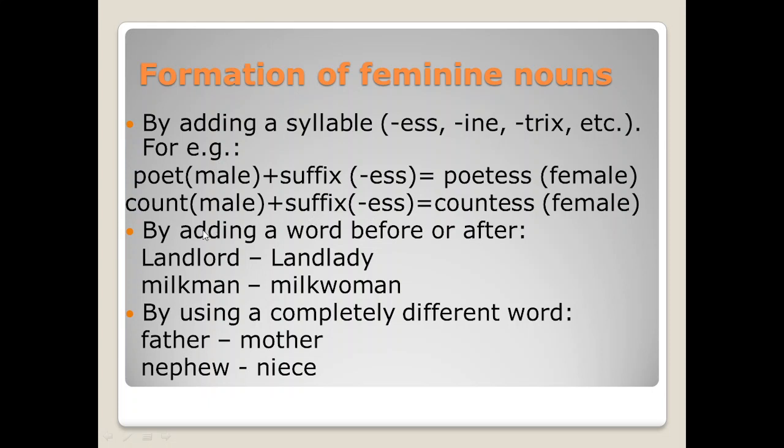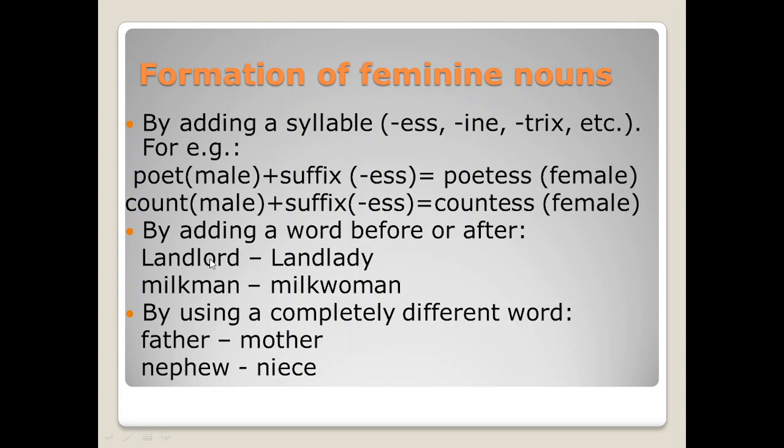Another method of making feminine nouns is by adding a word before or after it. For example, landlord. It is male, we know that. And if we try to make it a female noun, then we can say landlady.